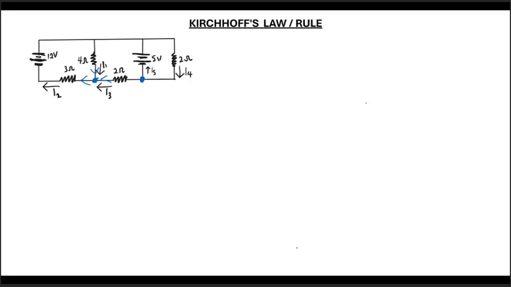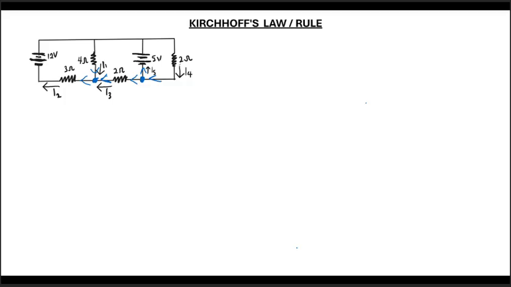Likewise, at this junction I5 flows out and I4 flows in, and I3 you can see is flowing out.